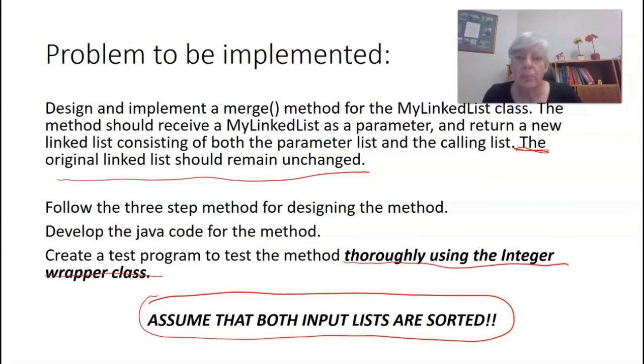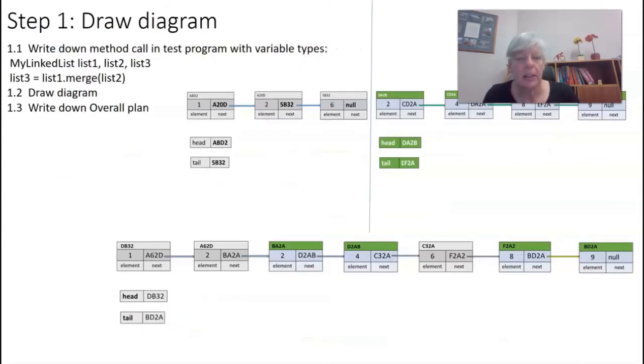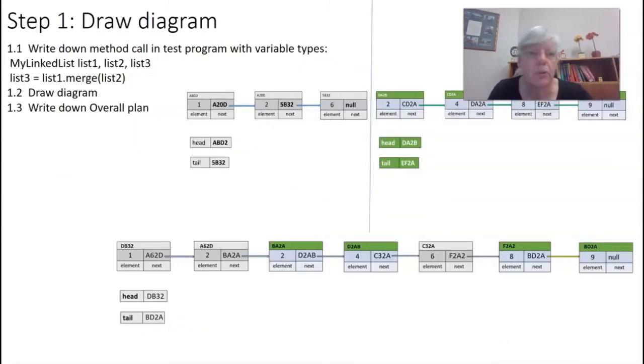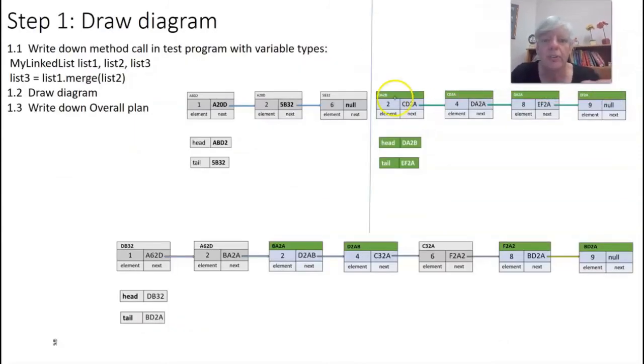What does merge mean? It means before you start, you have two separate lists, a green one and a grey one. And these lists are both sorted. 1, 2, 6 is sorted. 2, 4, 8, 9 is sorted.